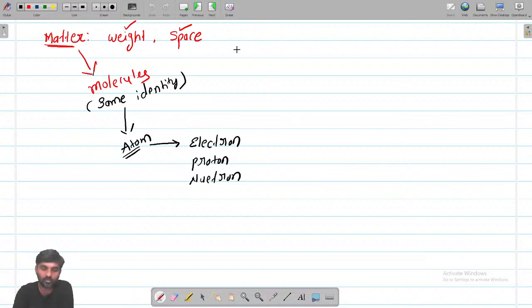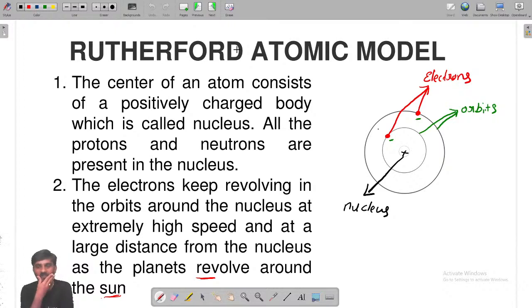Then we saw the Rutherford atomic model. At the center is the nucleus. What does the nucleus consist of? Protons and neutrons. And electrons revolve around the nucleus at high speed, just like the planets revolve around the sun.